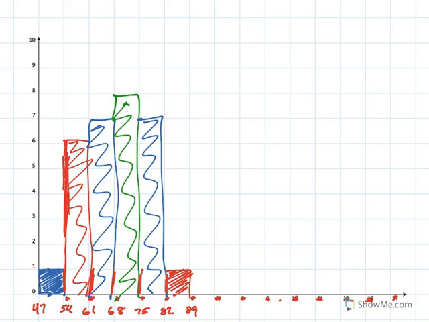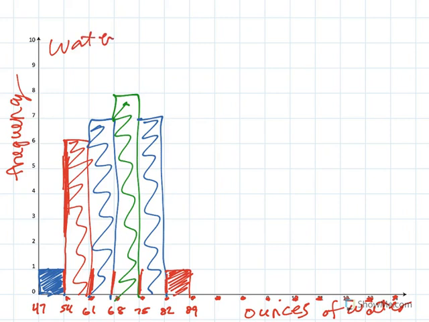So you want your histograms to be nice. It's nice to have labels. So down here would be ounces of water, because that's what these numbers represent. The vertical axis would be the frequency, and then we would have a title like water consumed month of April. You should always have a title when you have a graph.